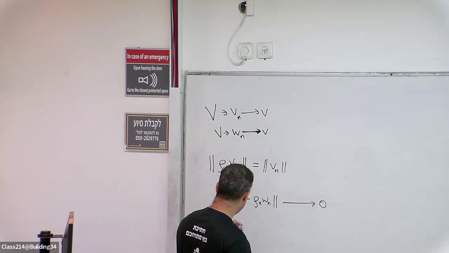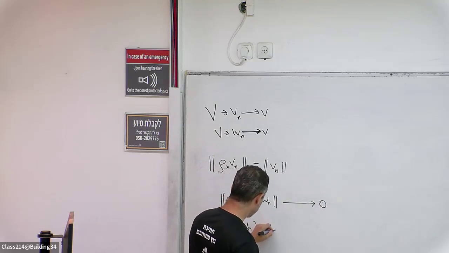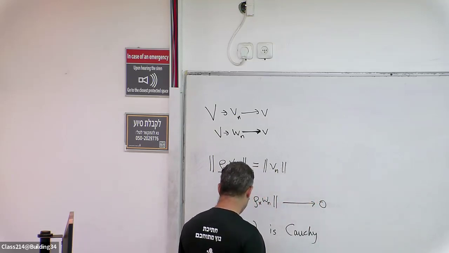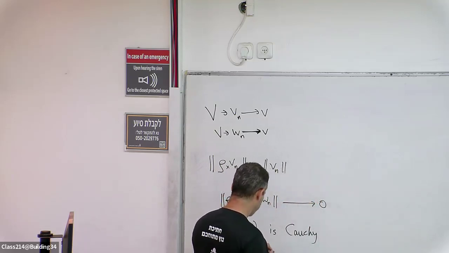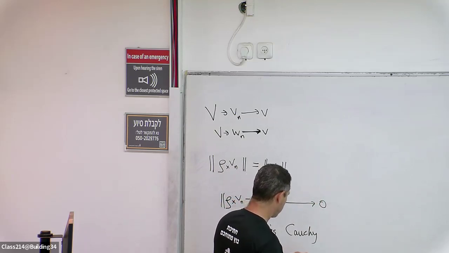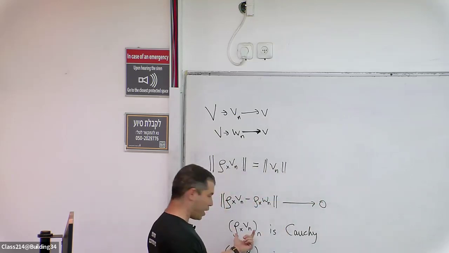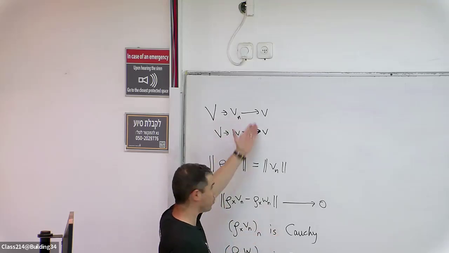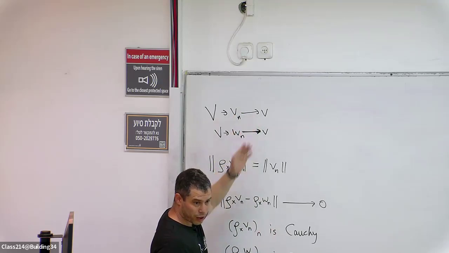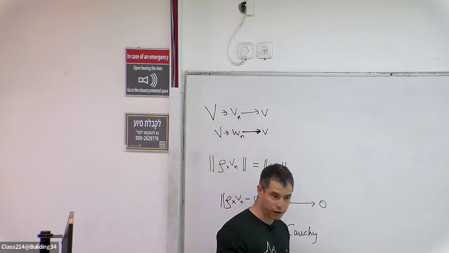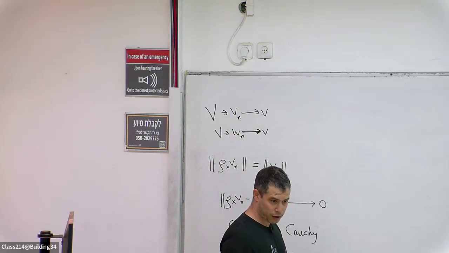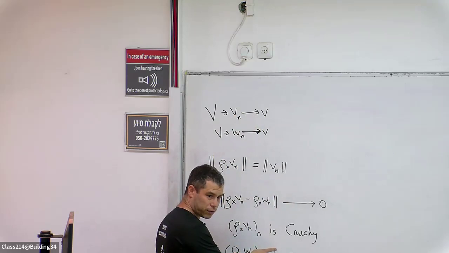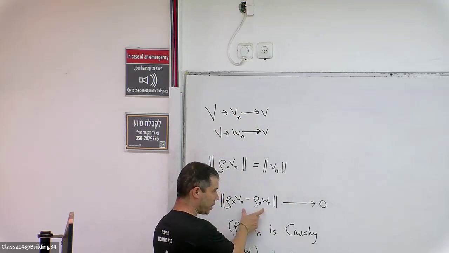rho x V_n is a Cauchy sequence, and also rho x W_n is a Cauchy sequence. Again, because of the isometry, if you take differences of V_n and V_m, then the rho goes away and you get a Cauchy sequence because we assume that they're converging. Here I'm using the fact that it's a Hilbert space, not just a vector space. Since it's a Cauchy sequence, these things converge, and they have to converge to the same limit because of this.